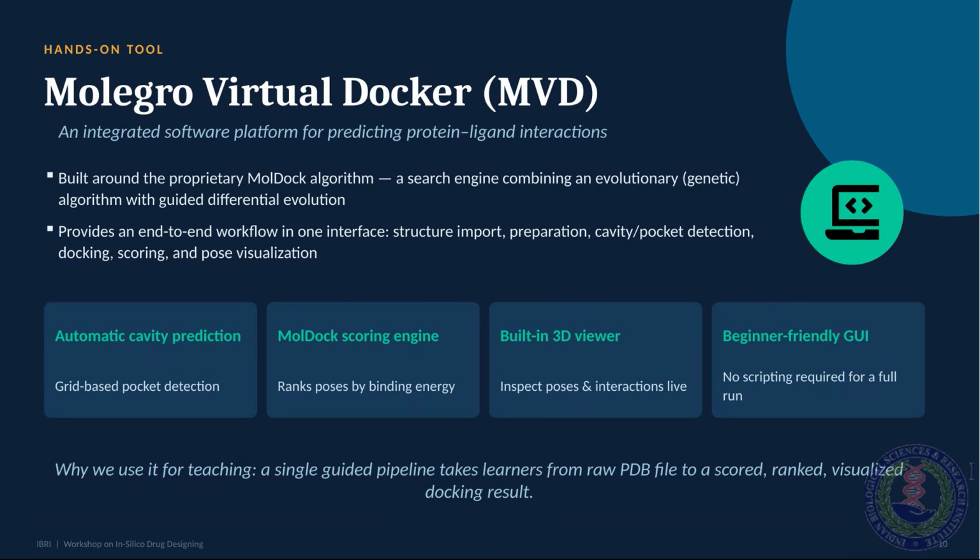Key features include automatic cavity prediction, the MolDock scoring engine, a built-in 3D viewer, and a beginner-friendly GUI requiring no scripting for a full run. We use it for teaching because a single guided pipeline takes learners from a raw PDB file to a scored, ranked, and visualized docking result.